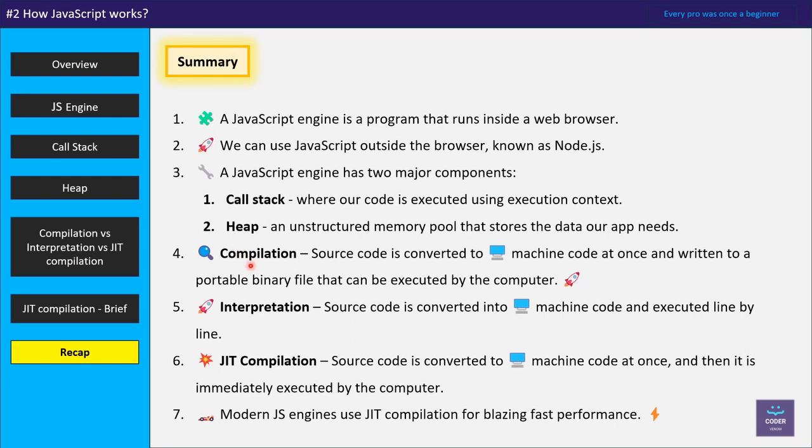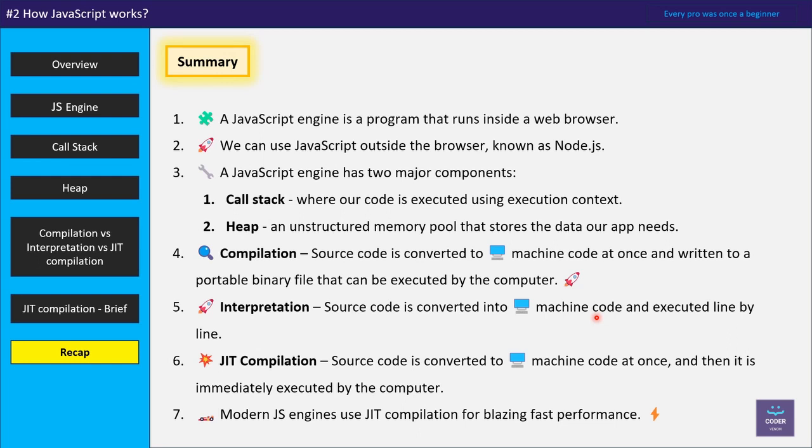In the compilation method, our source code is converted into machine code at one time. Then that machine code is stored in one file in our computer system. Then that file is executed by the computer processor. After that, interpretation. In the interpretation method, our source code is converted into machine code and executed line by line.